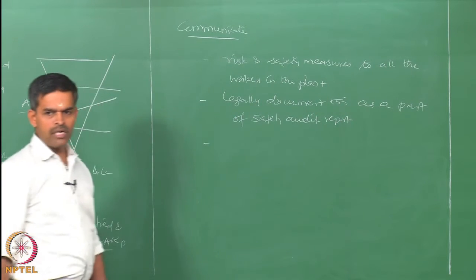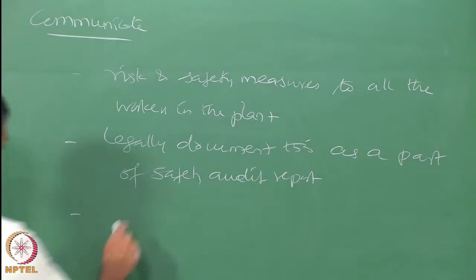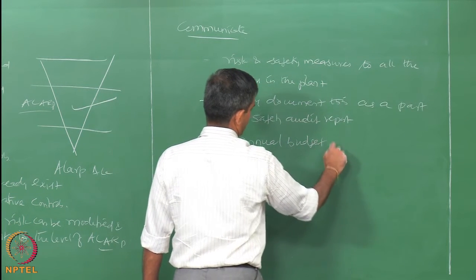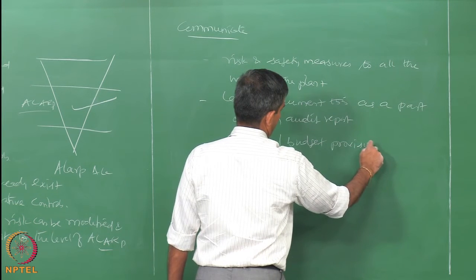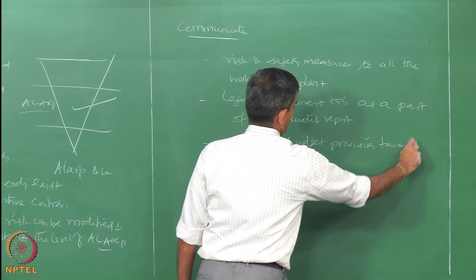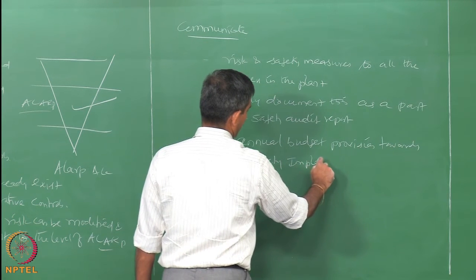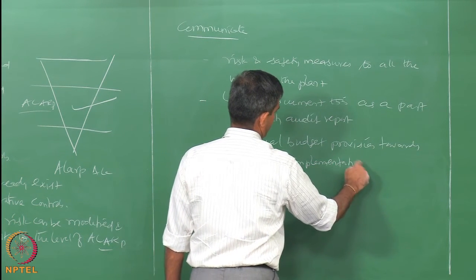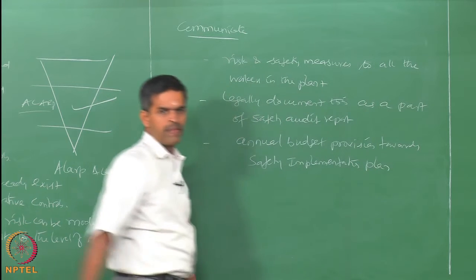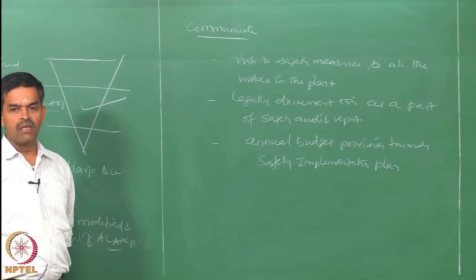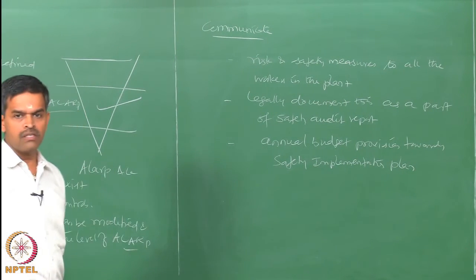You need to also look into this in detail for annual budget provision towards safety implementation plan, because ignorance or omittance of this will have the highest potential of risk in the future.